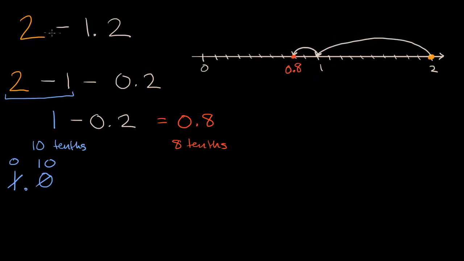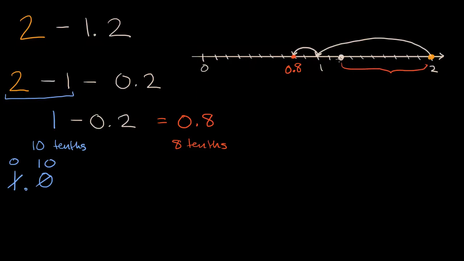Another way to think about this, and the whole point here is to see multiple strategies and for you to think about what strategy you like the most and to realize they all get you to the same place if you're thinking about it in a reasonable way, is you could use what's the difference between 2 and 1.2? So 1.2 sits here on the number line. Another way to think about it is, how many tenths do you have to add to 1 and 2/10 to get to 2?